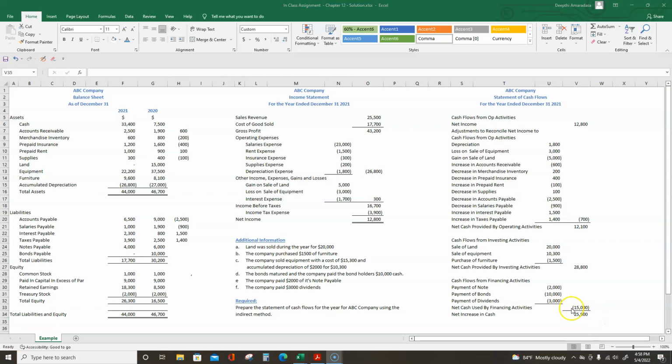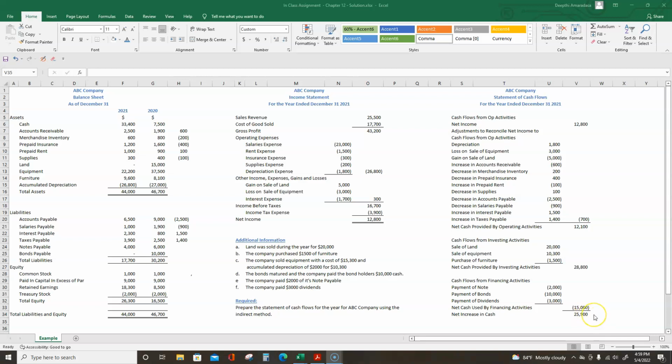So what does this 25,900 increase in cash signify? 25,900 is the amount the company's cash increased during the year. How did it increase?